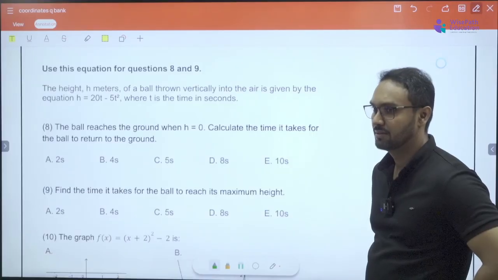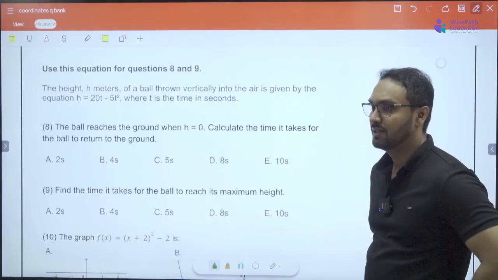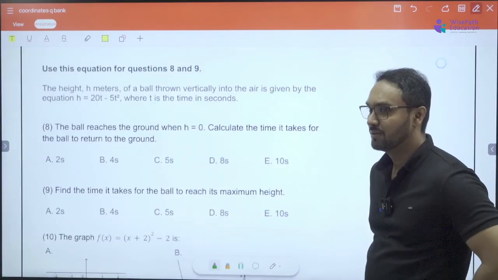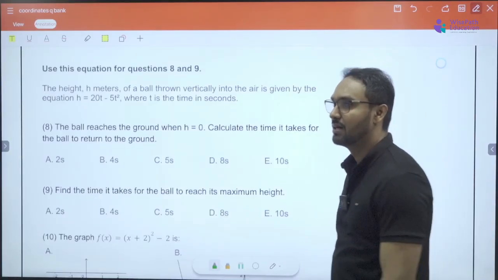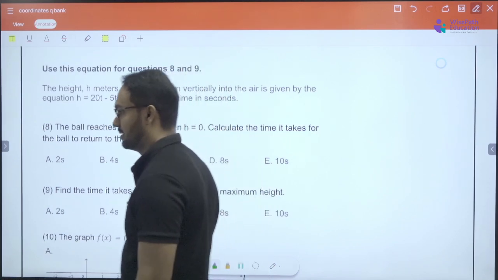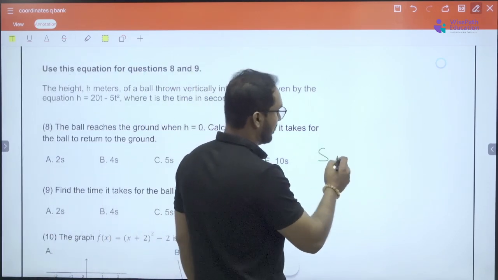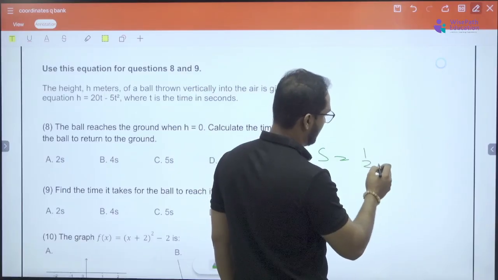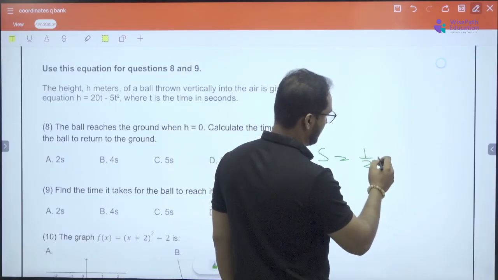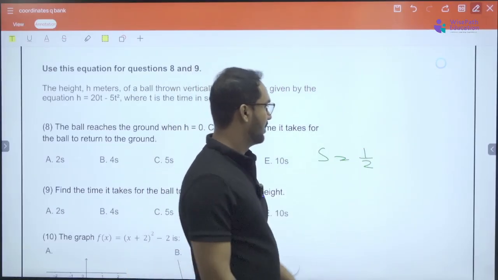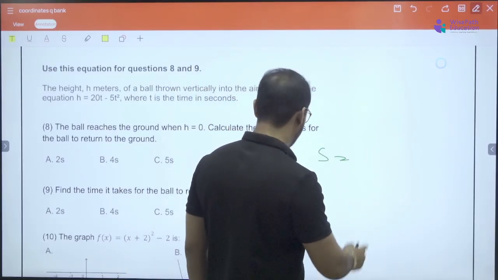Initial minus final, no. There's one equation s equals u minus v over 2, no. S equals ut plus half at square. S equals ut plus half at square.